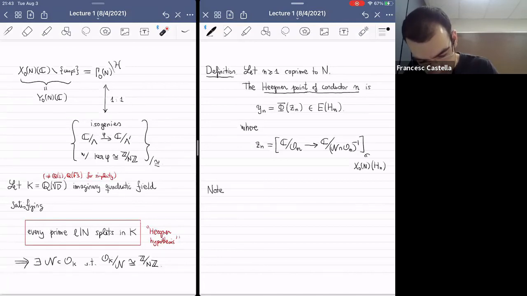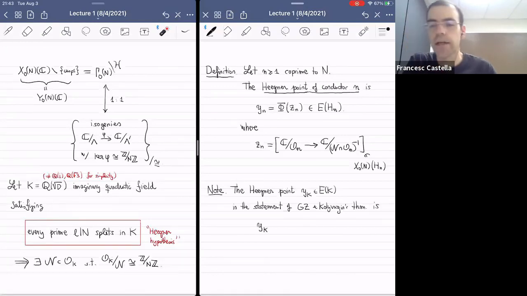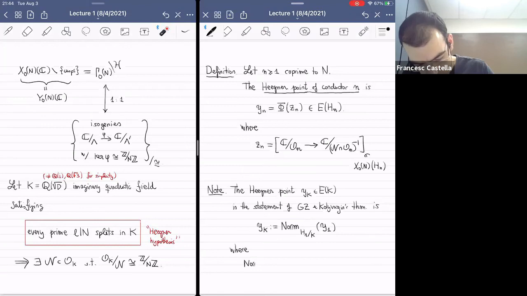So note the Heegner point y sub K in the statement of Gross-Zagier and Kolyvagin's theorem is just the trace of the Heegner point of conductor 1 down to K. Okay, so it is the norm from H_1 to K of y sub 1, where this norm is just the usual norm.